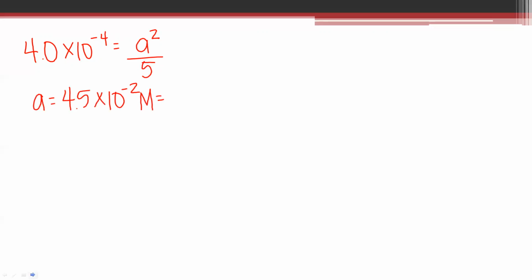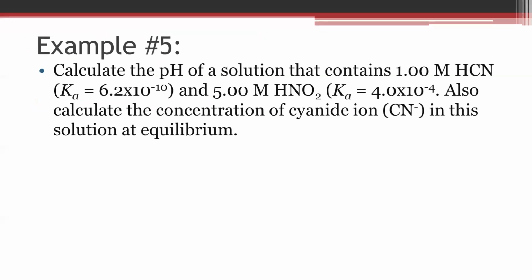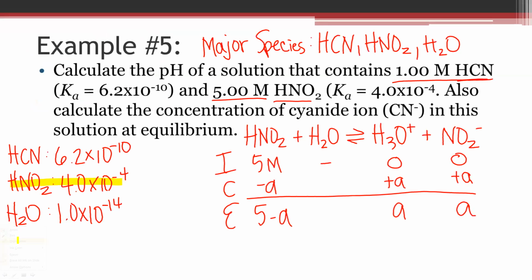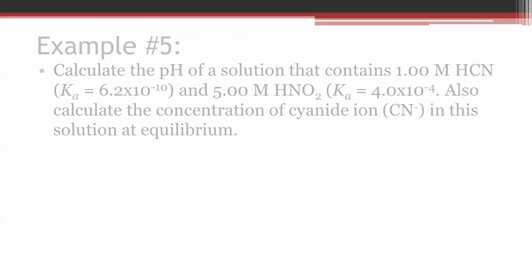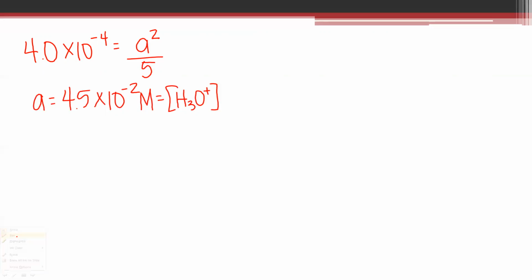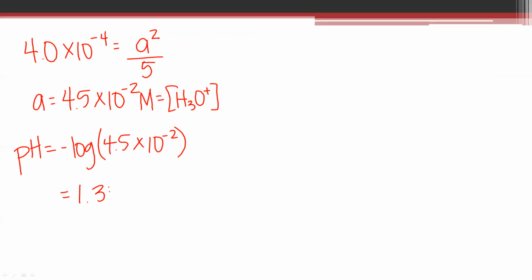That allows us to solve for the first thing that the question asks for, which is the pH. There's another thing it asks us to solve for, but first of all, pH. So for the pH, take the negative log of 4.5 times 10 to the negative 2, and I got 1.35.